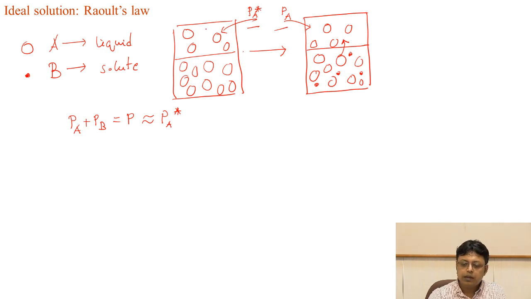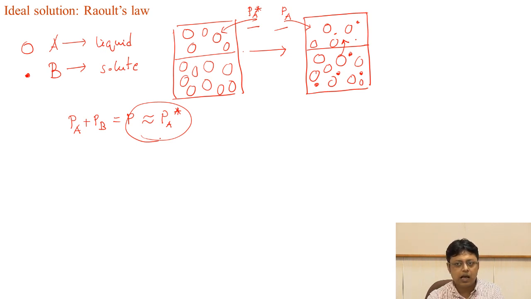The reason being, usually PA star corresponds to a pressure which is purely contributed by A, and similarly the total pressure here, when the solute has very few molecules, is also largely contributed by A. So the total pressure can be approximated by PA star itself. So this is the molecular origin for Raoult's law.